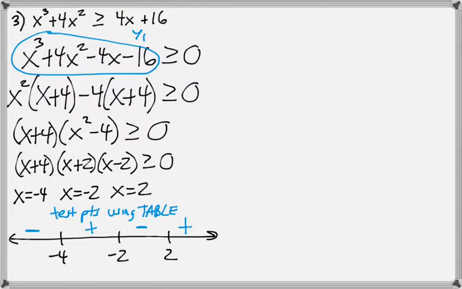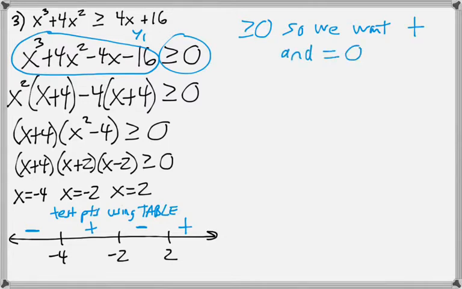Okay, so now I need to decide which regions I actually want to keep as part of my final answer. The greater than or equal to 0 is what tells us. So this says it's greater than or equal to 0. So we want the positive regions and where it's equal to 0.